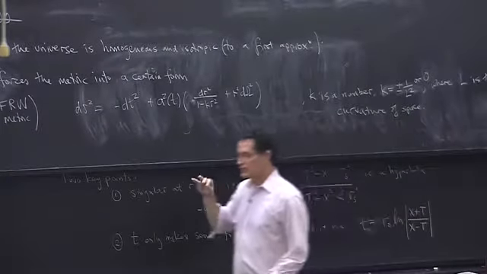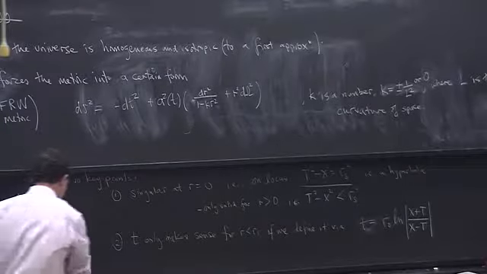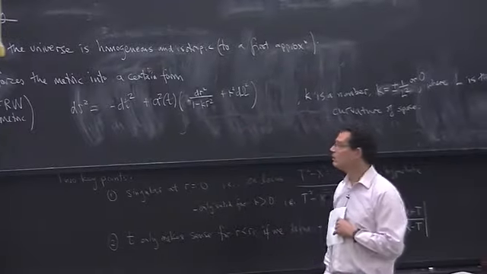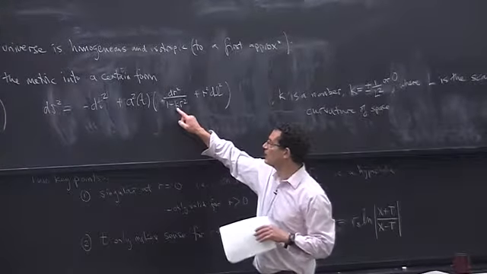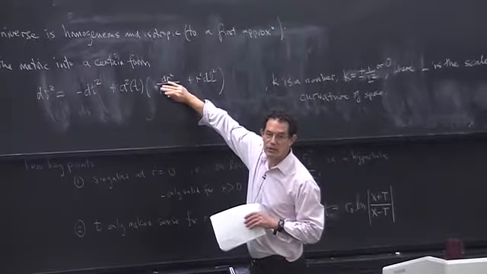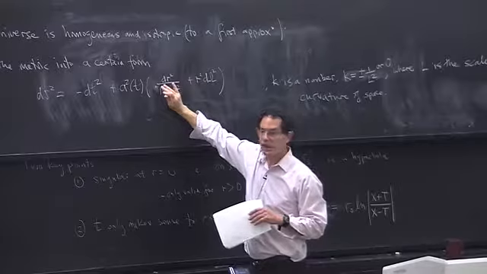So this homogeneity and isotropy force the metric to take this form. k can be any number in this equation. The simplest case is k equals 0, in which case this is just the flat space metric in spherical polar coordinates.